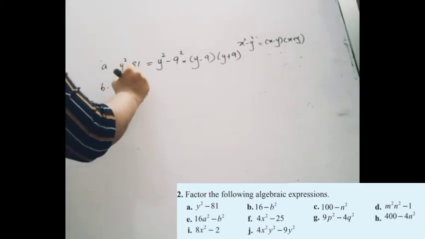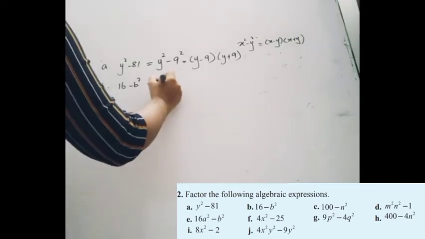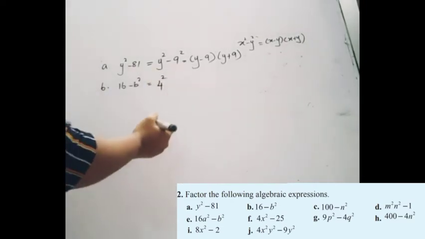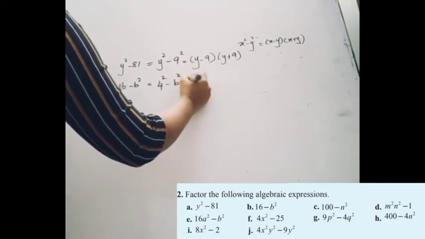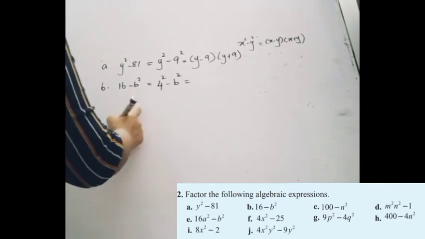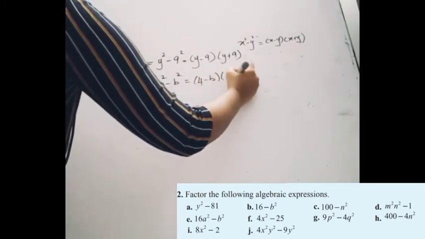16 minus b square. Once again, this is a square value, but this isn't, but it can be converted to a square number, which is 4 square. 4 times 4 is 16. So 4 square minus b square. Let's use the format now: 4 minus b into 4 plus b.